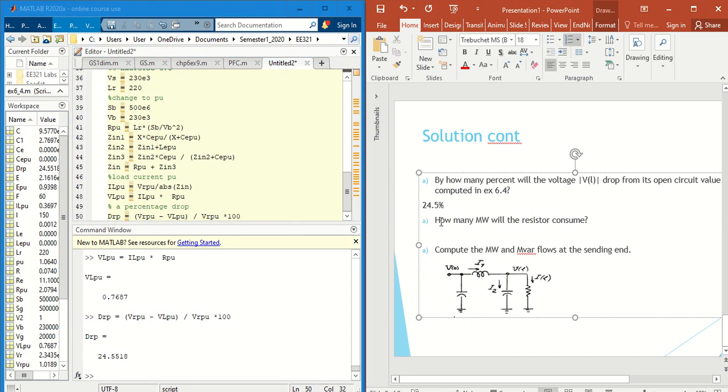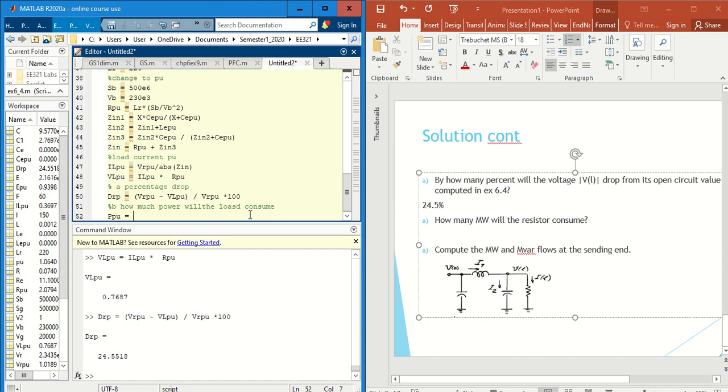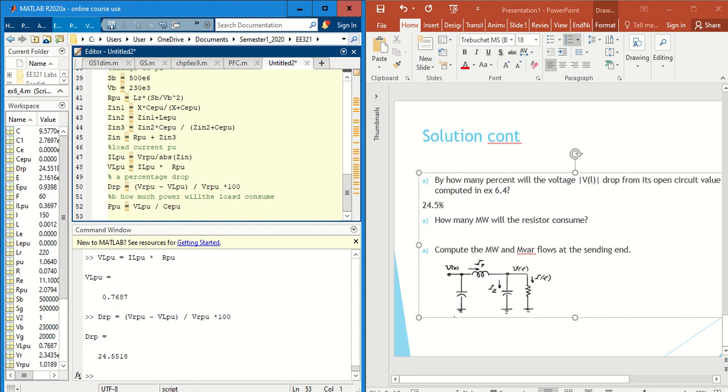Now B, how many megawatts will the resistor consume? So let's compute. B is asking how much power will the load consume. So the power per unit will be equal to VL per unit squared divided by R per unit, and that's in per unit.